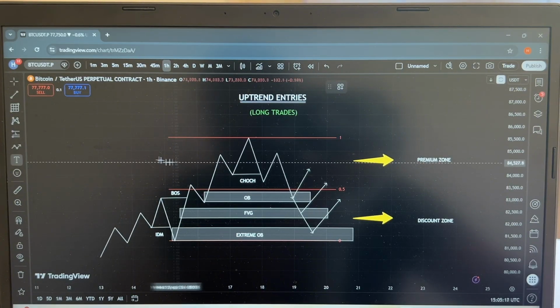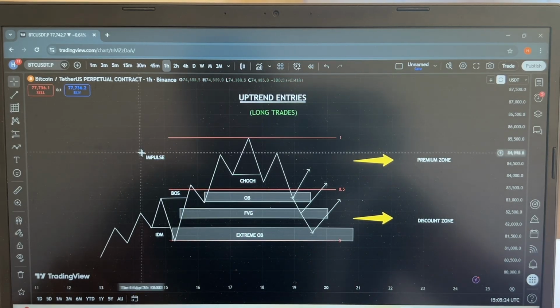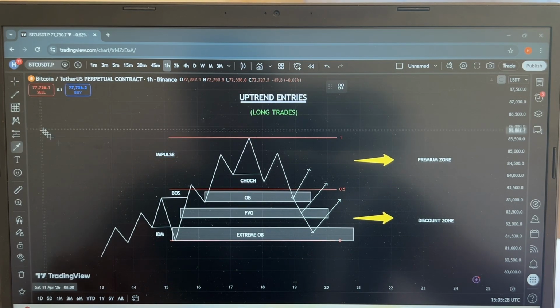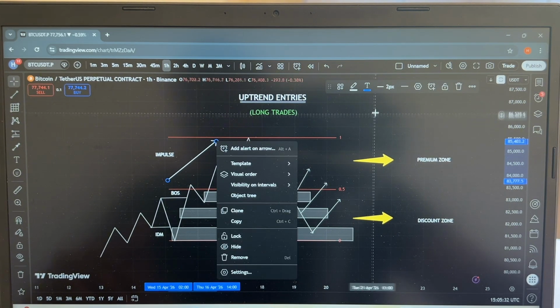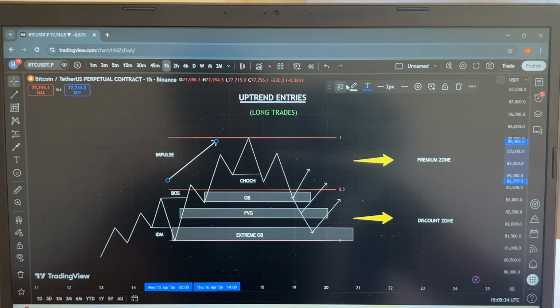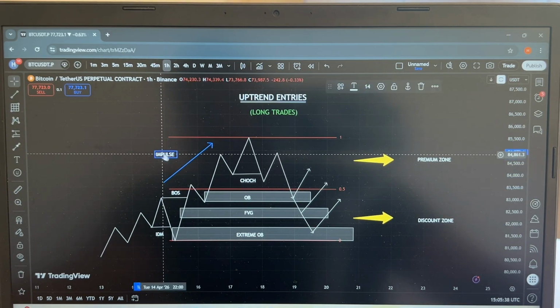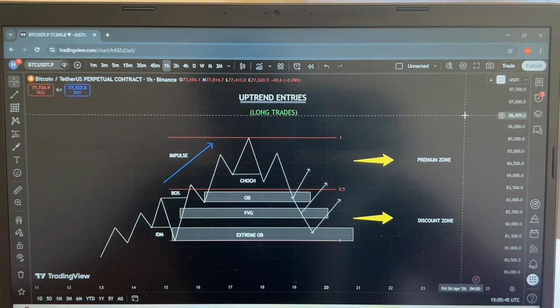So let's mark that out too. Impulse. This is our impulse, from this level to this point. Let's put it in another color. So this is our impulse. Within this zone only we find the order blocks, FEGs and extreme order blocks.